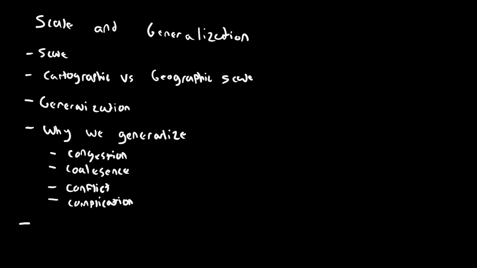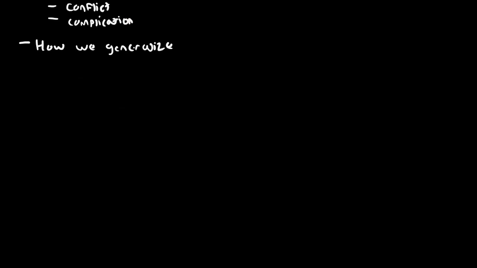Then we're going to talk about how we generalize. Right? So now that we know that we have to, how do we actually do it? And then we're going to talk about the key methods.